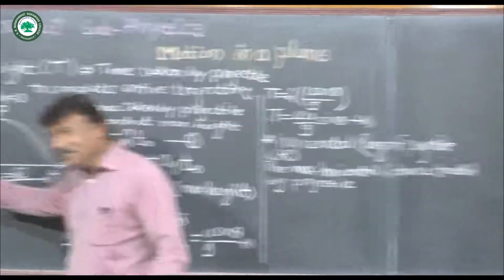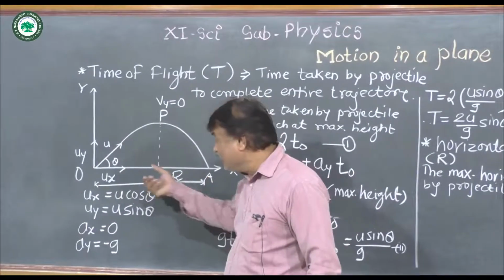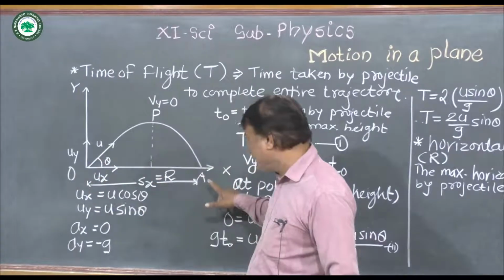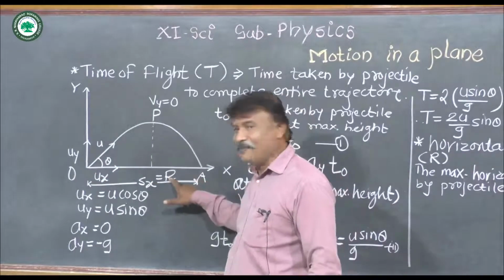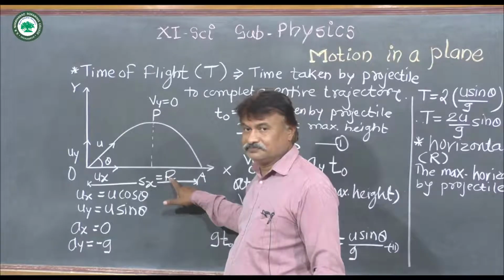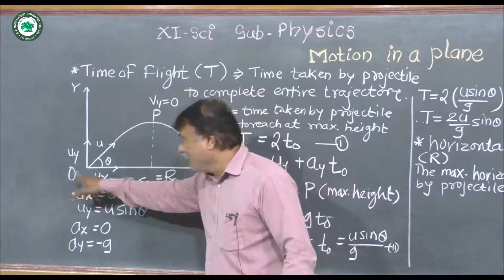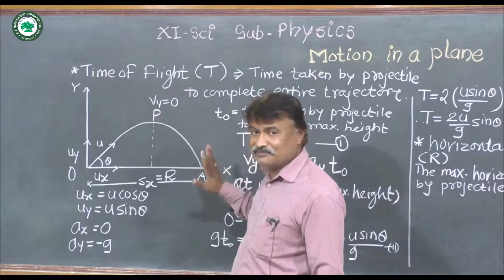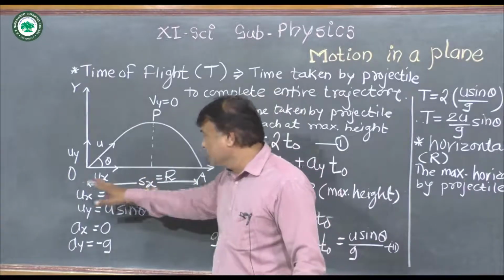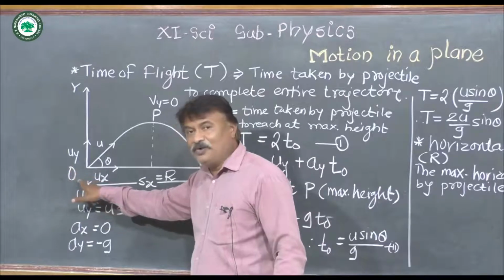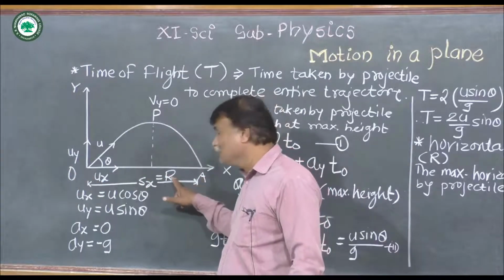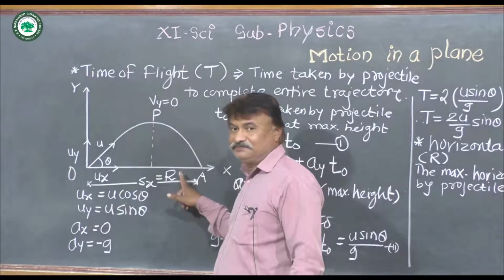So in that case we consider this maximum distance from O to A, that is equal to capital R. And both the point of projection and A are on the ground surface. So the distance between point of projection and A is the horizontal distance, which is equal to range of projectile.